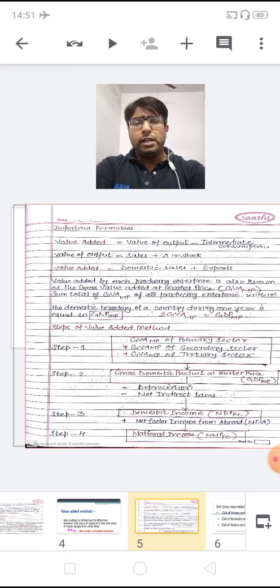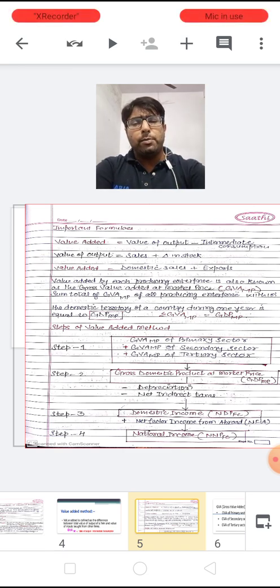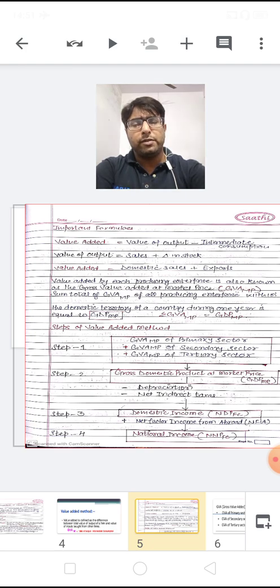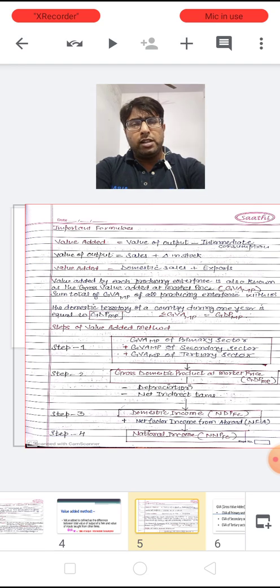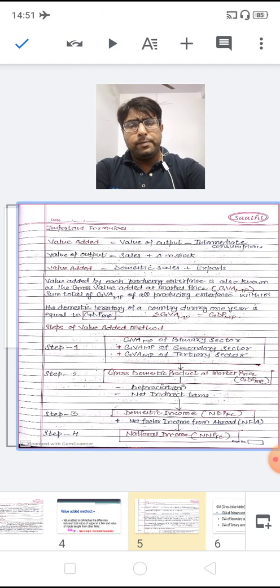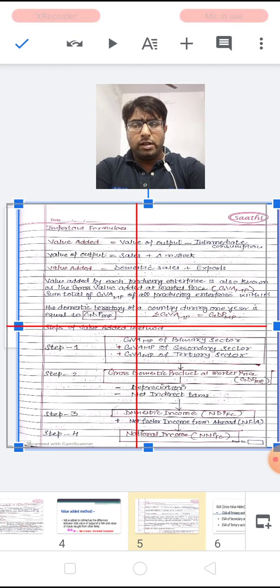Children, on the slide at the very top, I have written the important formulas. These are some of the formulas which will be very helpful in calculating the national income by this method, the value added method. One thing is very important to understand here.